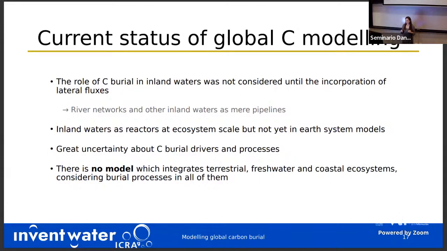So they just transport carbon. Inland waters as reactors have been included at the ecosystem scale many times, but not yet in Earth system models. There is great uncertainty about carbon burial drivers and processes. And as far as we know, there is no model which integrates terrestrial, freshwater, and coastal ecosystems, considering burial processes in all of them.